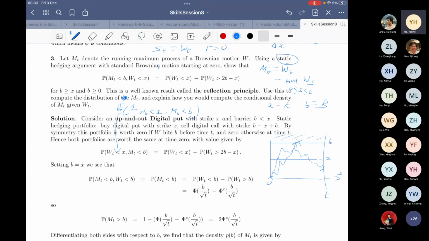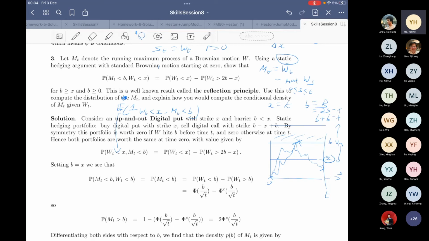So if we do hit the barrier here, well, you own a digital put with strike of X, but you also own, we now need another line up here, which is the same distance away from B. So in total it is B plus that difference, which simplifies to 2B minus X, but it's B plus B minus X. But if you're here, by the symmetry of Brownian motion, it's equally likely that from here you will end up below X at the final time T, or above the mirror image of this line, which is up here.